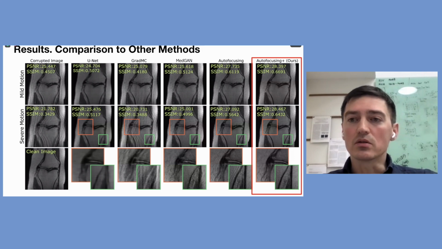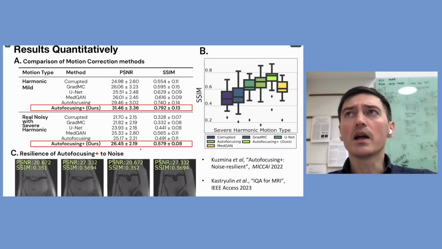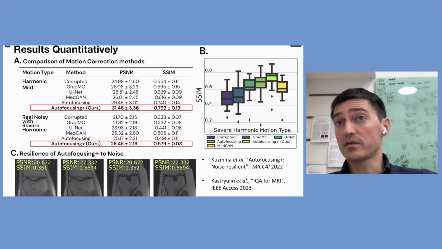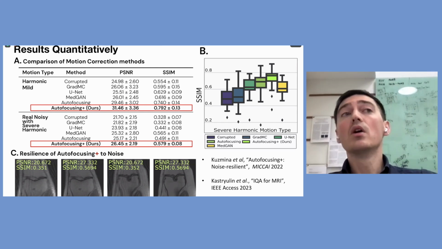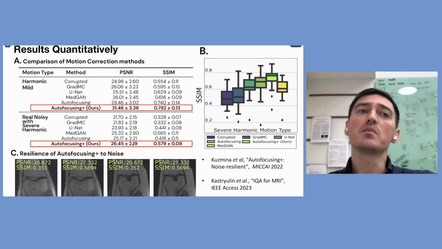It's also good if you look at metrics, and these are some values that show it's pretty robust, performing with a very good signal-to-noise ratio, but it also shows very good performance if you have a noisy measurement.